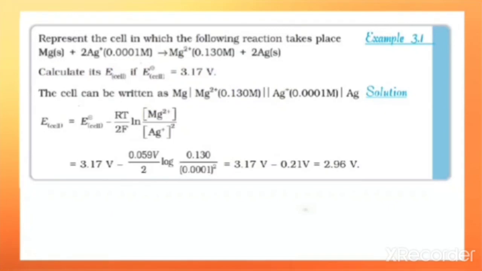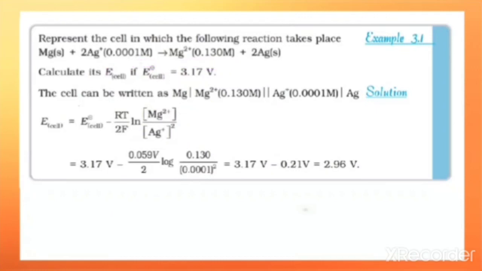Which one is the ion? Mg2+ ion is on the product side, so it should be written in the numerator, and the ion on the reactant side is Ag+, whose concentration should be written in the denominator, that is product by reactant. And don't forget to write the powers, that is the stoichiometric coefficients.